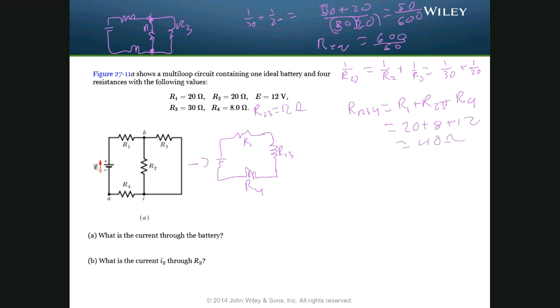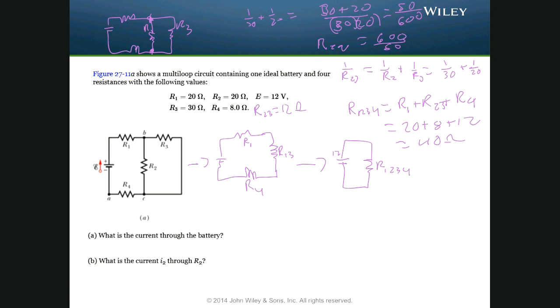All right, and now, this is even more exciting, we can make this into one equivalent circuit with one resistor. And we know the EMF, right? That's equal to 12 volts here. And we now know R1234.